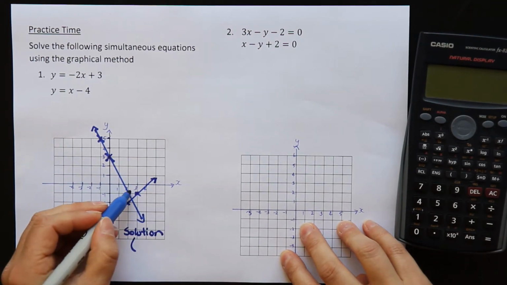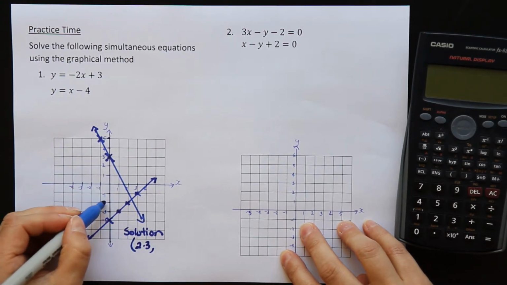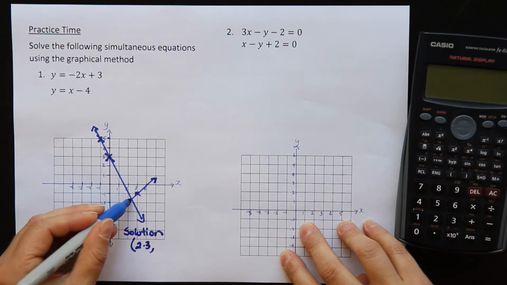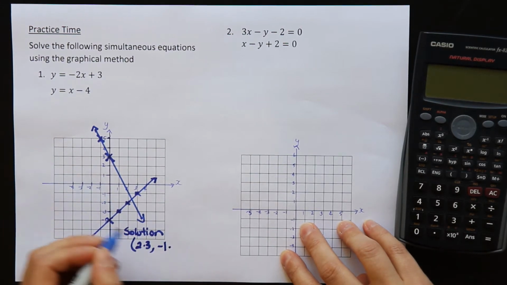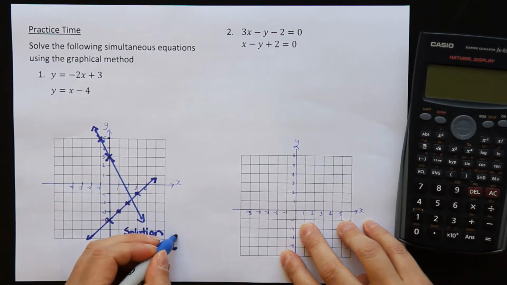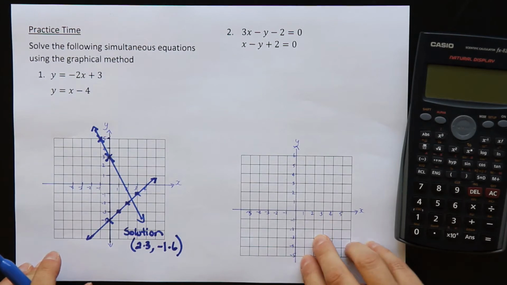X looks like it's maybe about 2.3, and y looks like it's about, let's say, negative 1.6. Okay, again, it won't be completely accurate, but we just do the best we can.